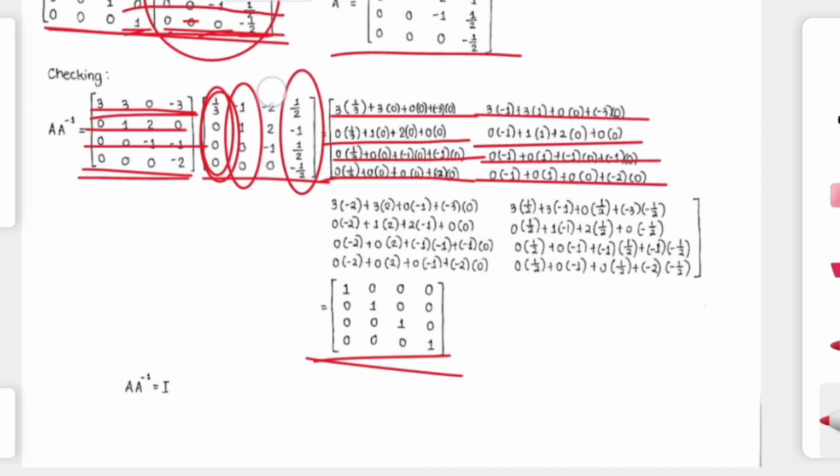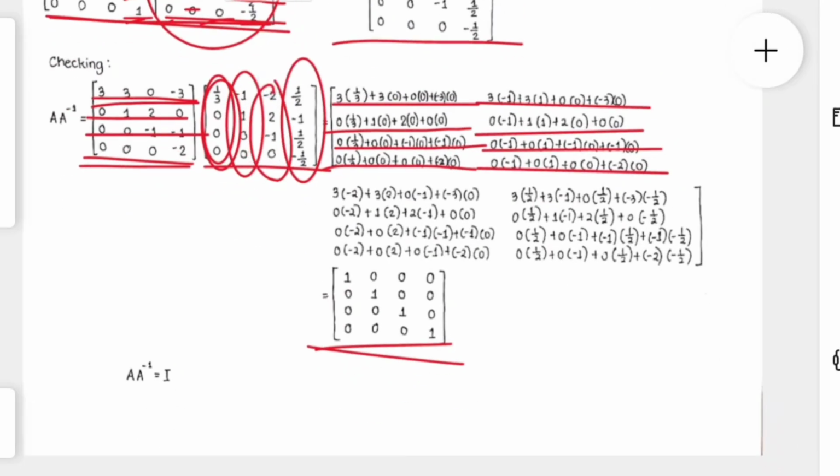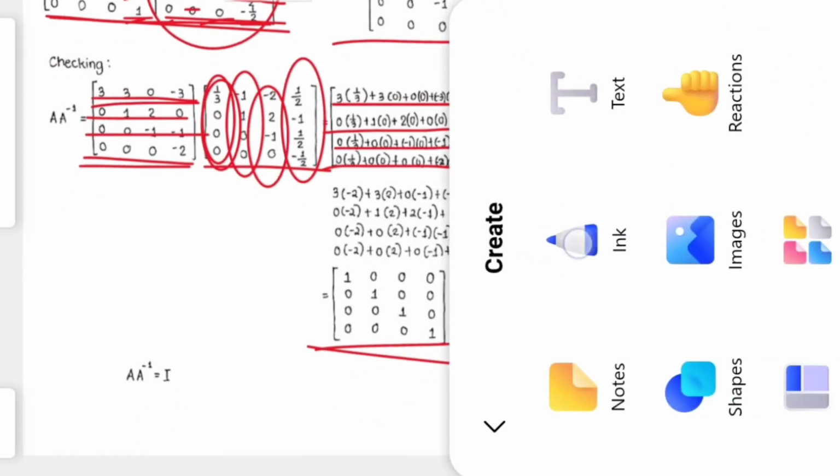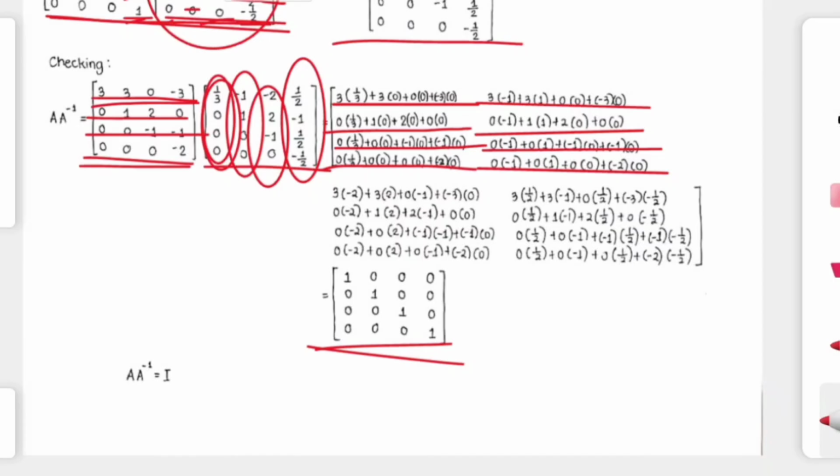And another one, we have to focus also on row 3, column 3 multiplied to all the rows. So we have 3 times negative 2, 3 times 2, 0 times negative 1, and negative 3 times 0. And it will be all added. And for the row 2 multiplied to column 3, we have 0 times negative 2 plus 1 times 2 plus 2 times negative 1 plus 0 times 0.